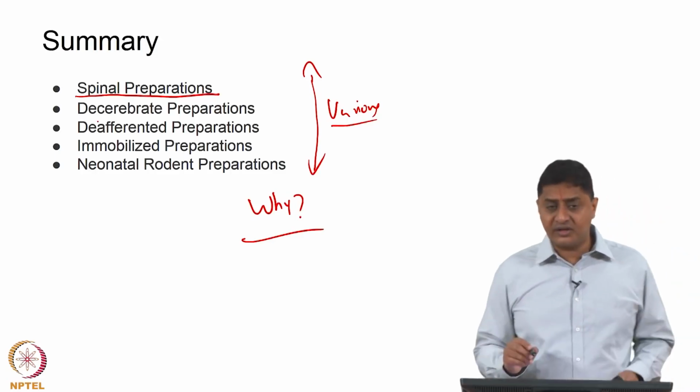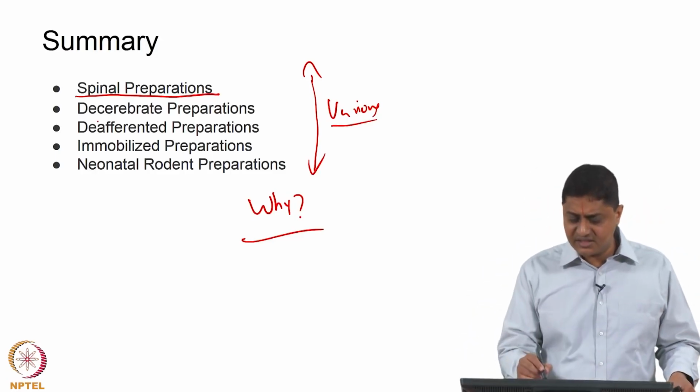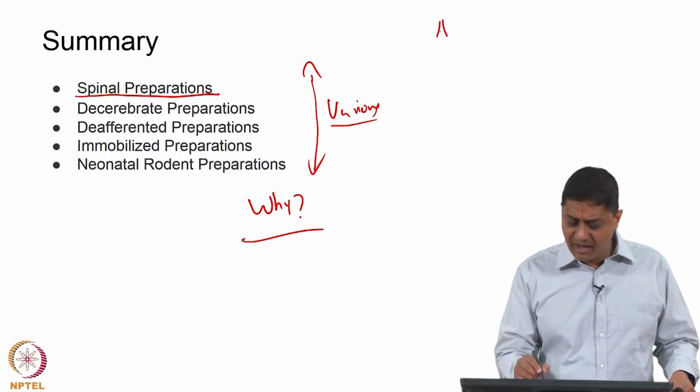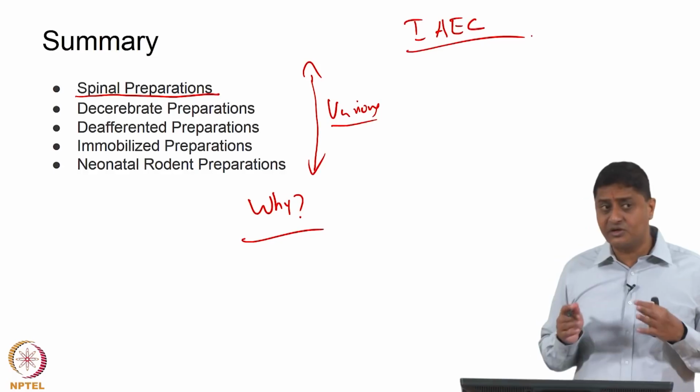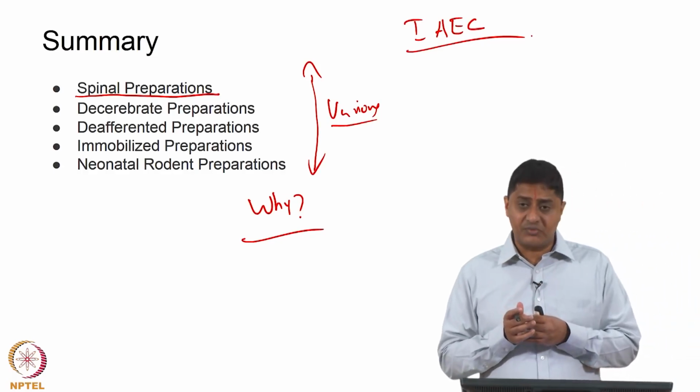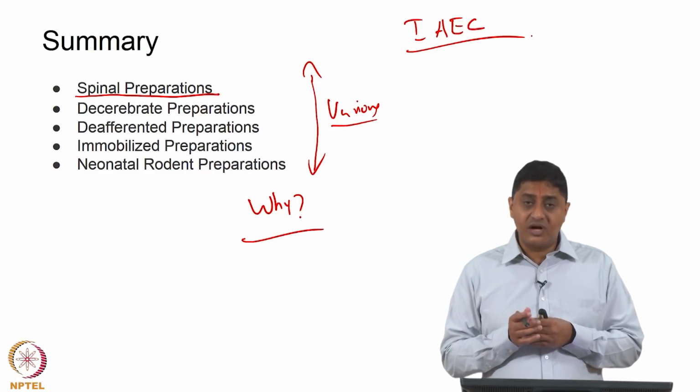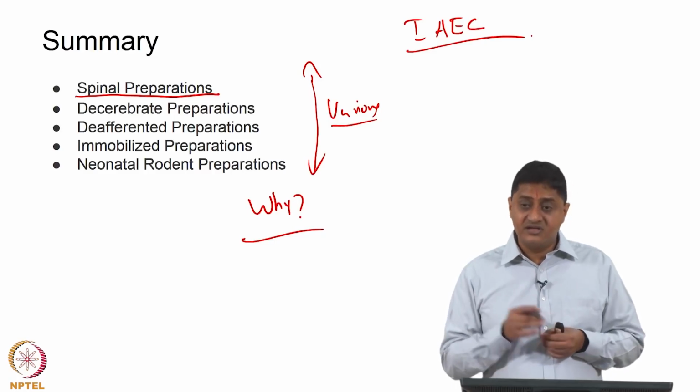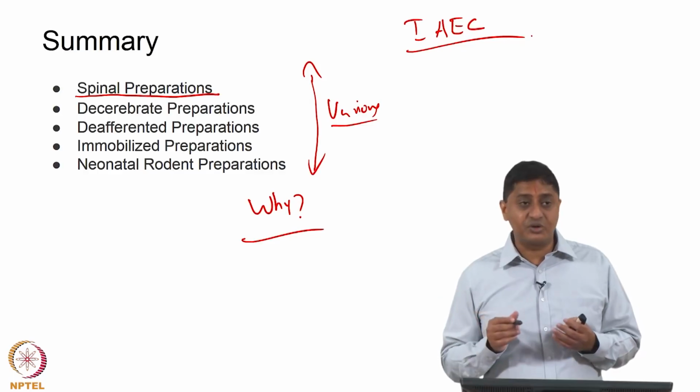At least the following are recommended. There exist what are called institutional animal ethics committees that control what kinds of protocols are acceptable and what are not acceptable. Depending on the animal, specific protocols are permitted and specific protocols are not.